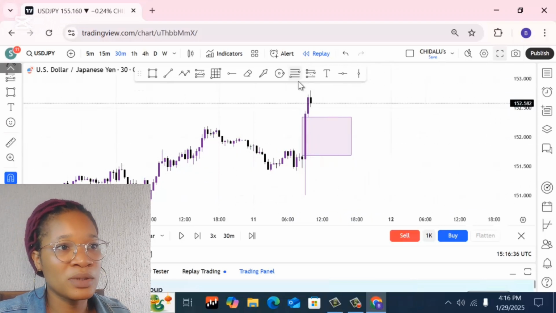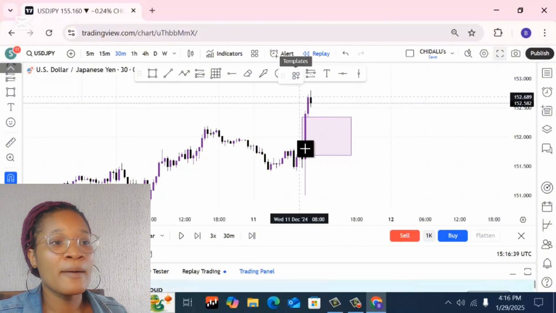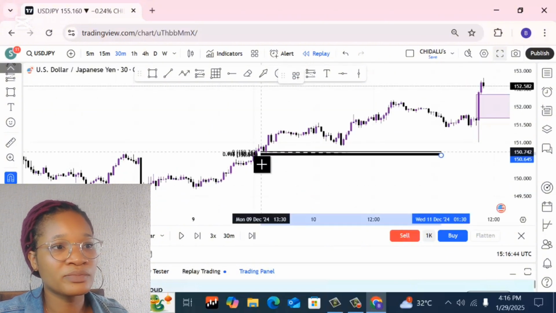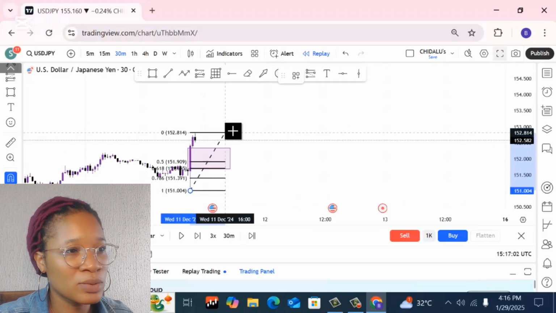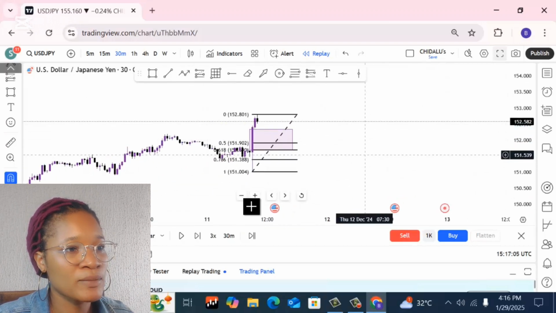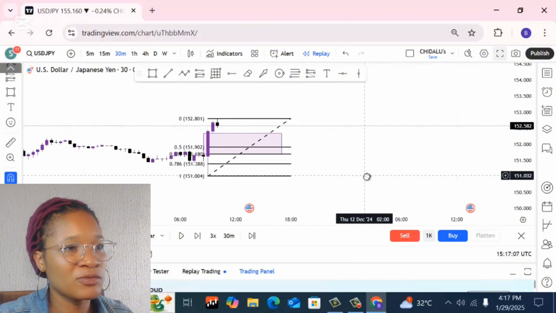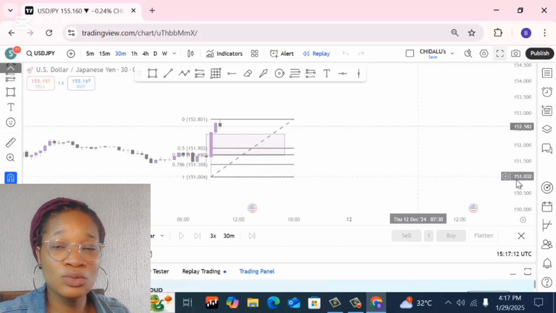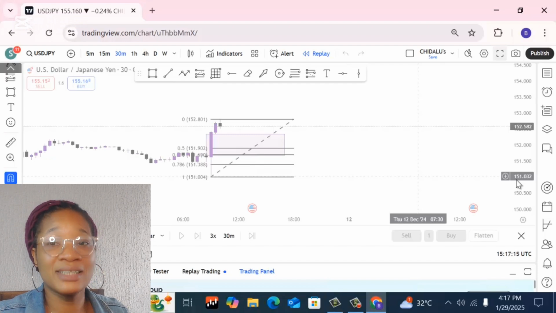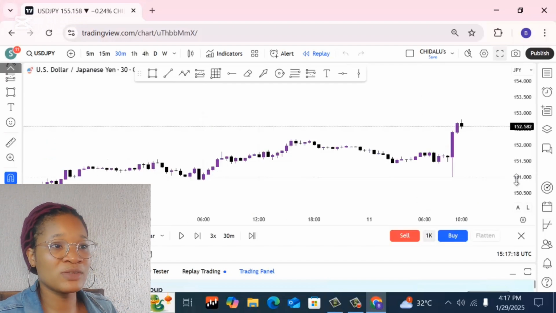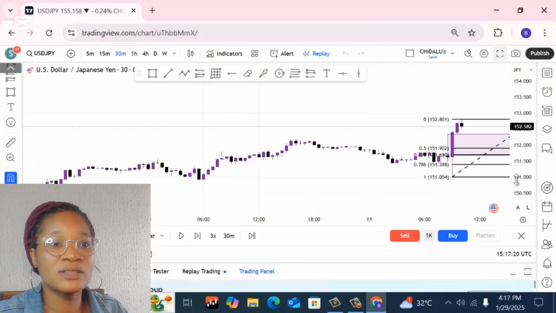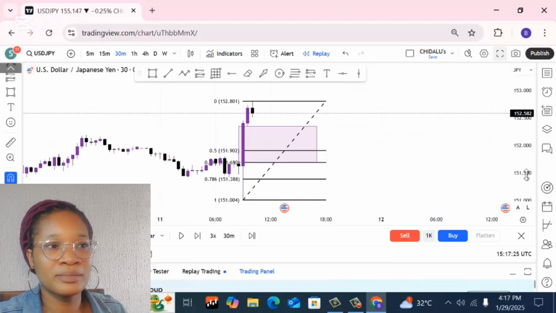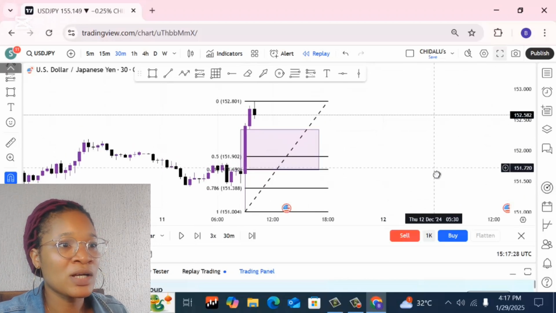All I have to do is pick my Fibonacci retracement tool and mark out from the swing low to the swing high of that movement. I'm waiting for price to give me at least a 50% retracement into the fair value gap before I start talking about placing my trade. So this is the 50%.